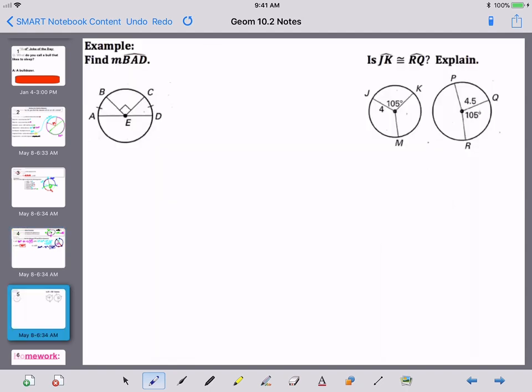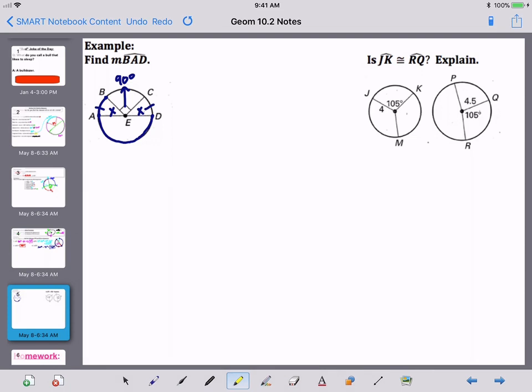All right, so we are asked to find the measure of arc BAD, so all the way through here. Well, in order to know that, I need to know what these two congruent arc measures are. So what I'm going to do is I'm going to call this X and this arc X as well. And then I know that from B to C, that's a right angle, so this has to be 90 degrees.